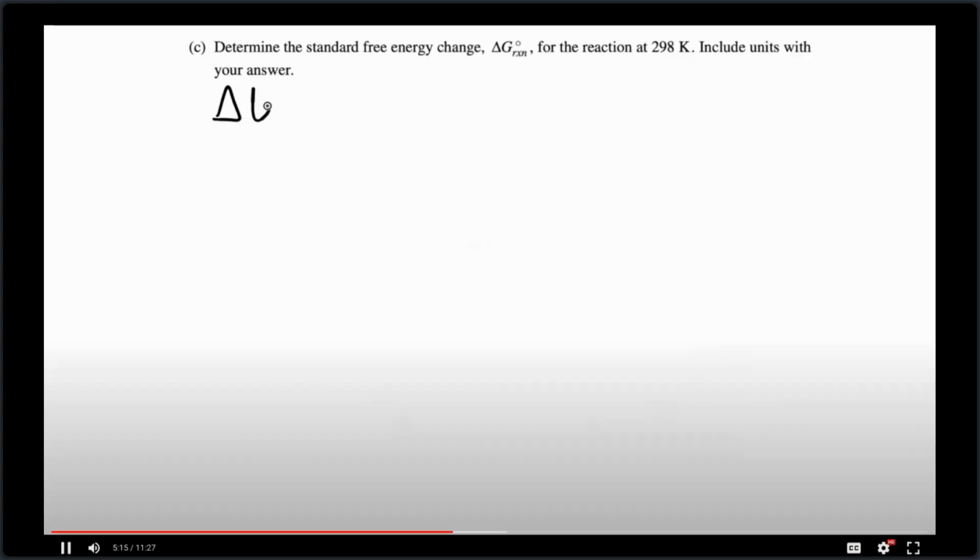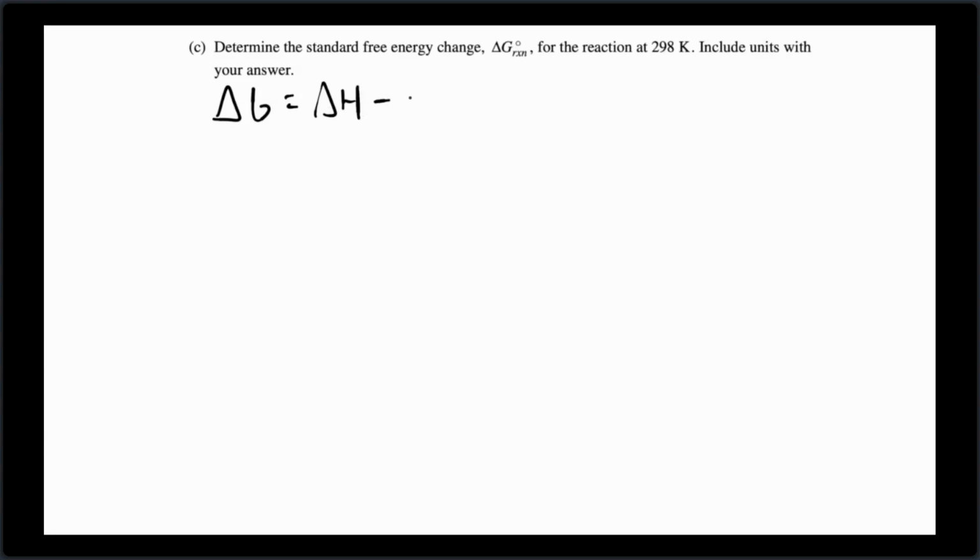For our standard free energy, it's the change in enthalpy minus temperature times change in entropy. So knowing this and looking back at part A and part B, we know that from part A, our change in enthalpy was negative 283 kilojoules, and our standard change in entropy from part B was negative 86.5 joules.